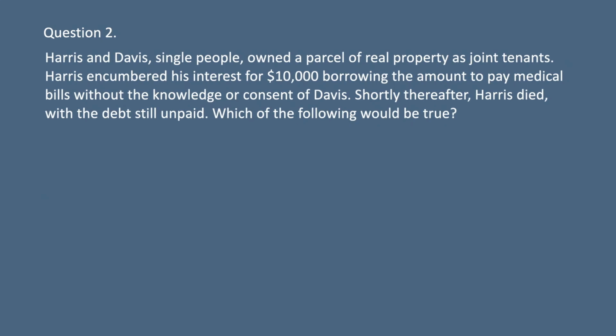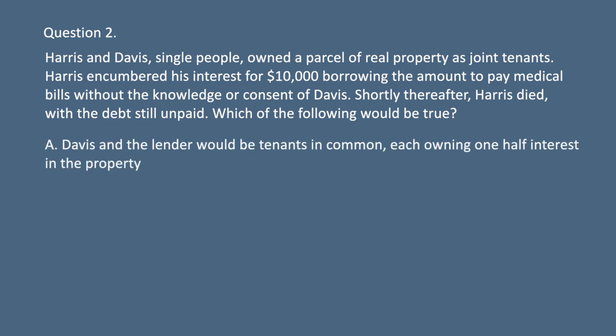Question 2. Harris and Davis, single people, owned a parcel of real property as joint tenants. Harris encumbered his interest for $10,000, borrowing the amount to pay medical bills without the knowledge or consent of Davis. Shortly thereafter, Harris died, with the debt still unpaid. Which of the following would be true? A. Davis and the lender would be tenants in common, each owning 1/2 interest in the property.